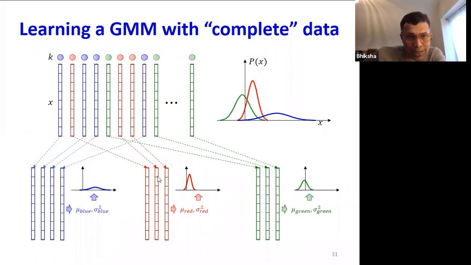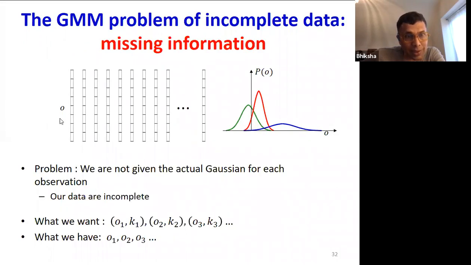Similarly, I can segregate out all of the vectors that came from the red Gaussian, and estimate the mean and the variance of the red Gaussian from these data. And I can segregate out the vectors that came from the green Gaussian, and estimate the parameters of the green Gaussian. The problem is that when you get your training data, the actual Gaussian from which each vector was drawn is not known.